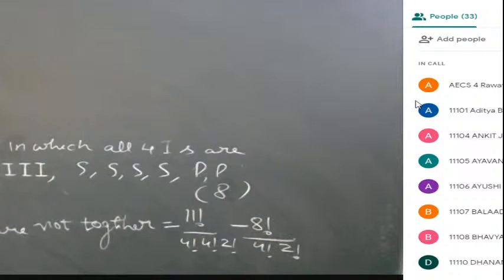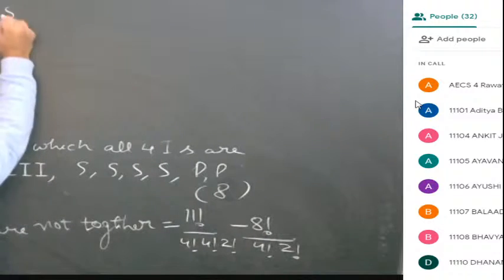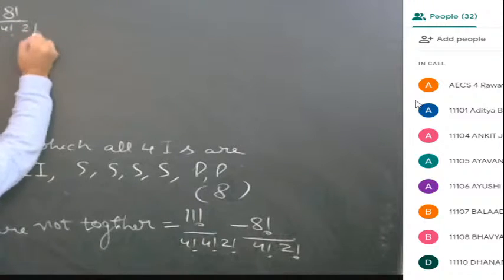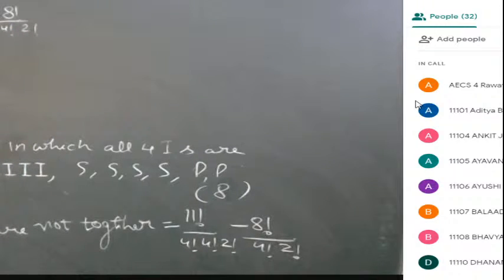Like this: 11 into 10 into 9 into 8 factorial, divided by 4 factorial, 2 factorial as it is, and 4 factorial, minus 8 factorial upon 4 factorial 2 factorial. This is common: 8 factorial upon 4 factorial into 2 factorial, common outside the bracket. Inside: 11, 10, 9 divided by 4 factorial, which means 4 into 3 into 2, minus 1. Solve it.